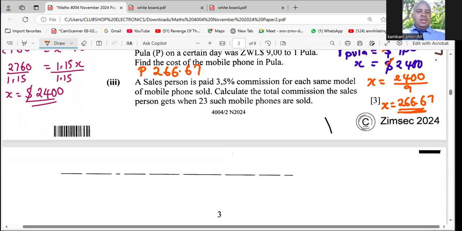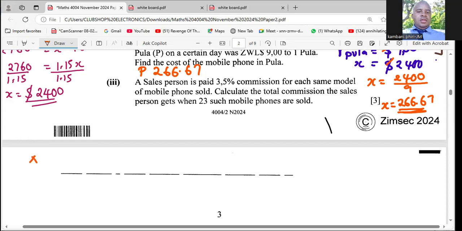Okay, let's look at the next question. A salesperson is paid 3.5% commission for each same model of mobile phone sold. Calculate the total commission the salesperson gets when 23 such mobile phones are sold.